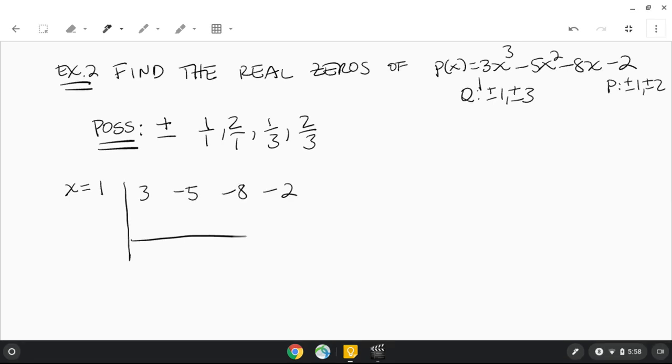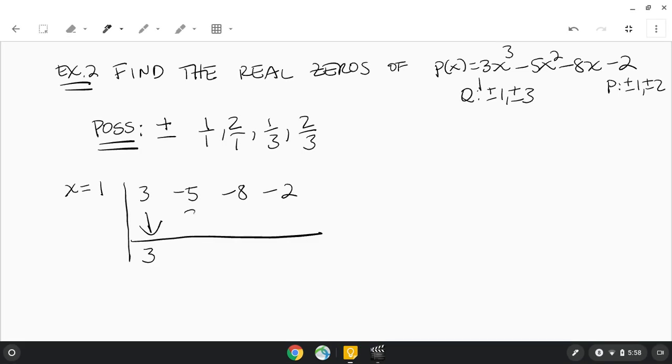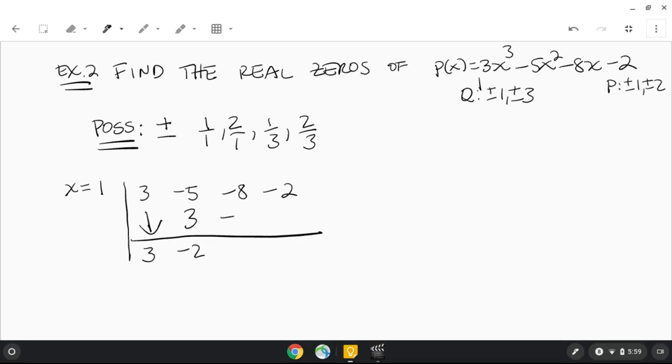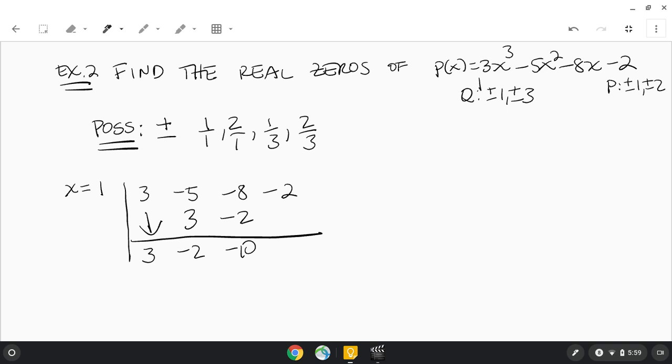Hoping to get a 0 remainder here. So 3. 3 times 1 is 3. Combined, -5 and 3 is -2. -2 times that outside number 1 is -2. Combine, I get -10. -10 times 1. And sadly, I do not get a 0 remainder.